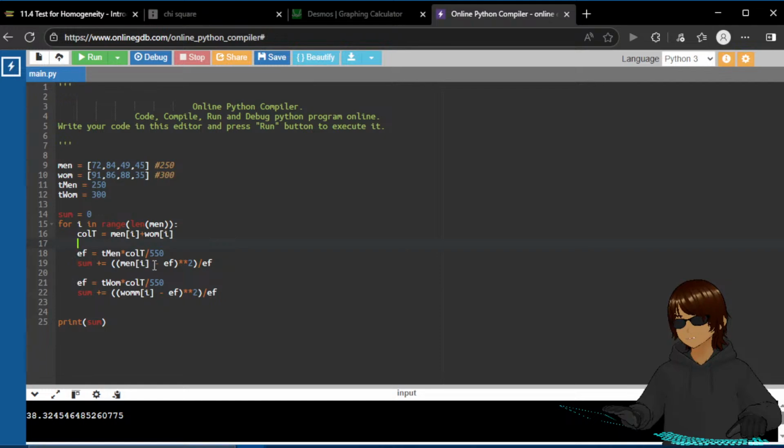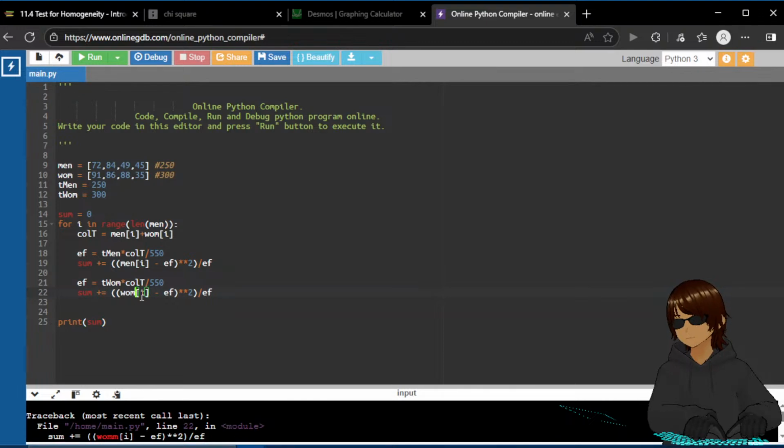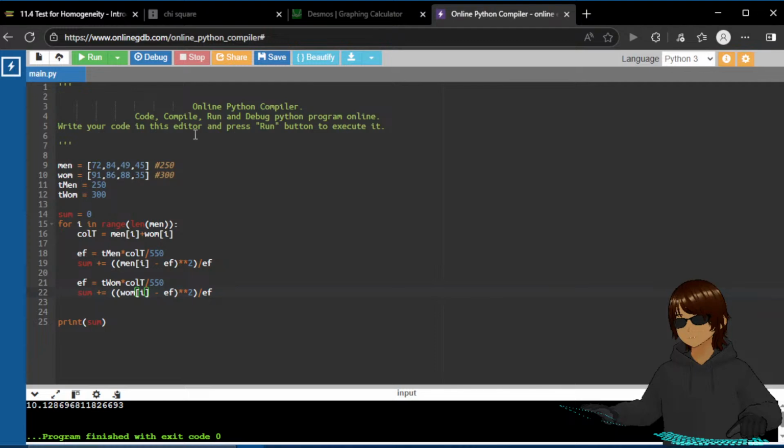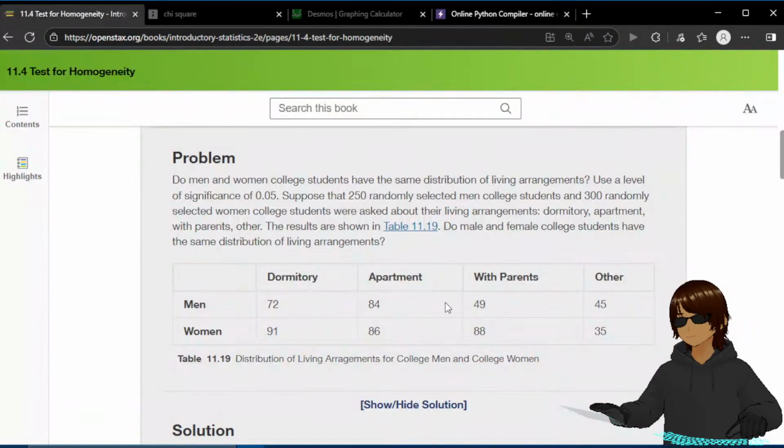And then the observed minus the expected, squared, divided by the expected, and then do the same for women. And then what we end up getting is 10.128.